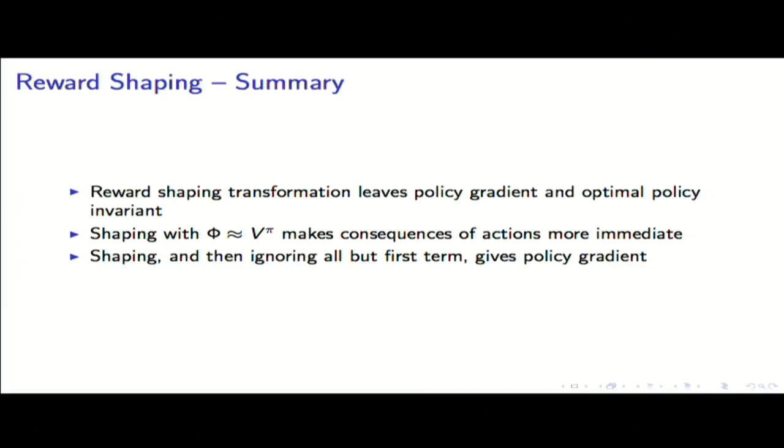So there are going to be lots of different reward functions that have the same optimal policy. There's some general condition for which this is the only kind of shaping that's valid. I don't remember exactly what the condition is, but you can find it in the paper.